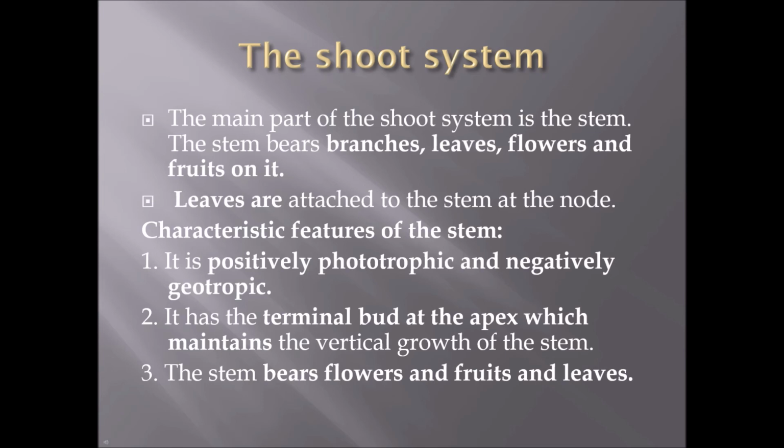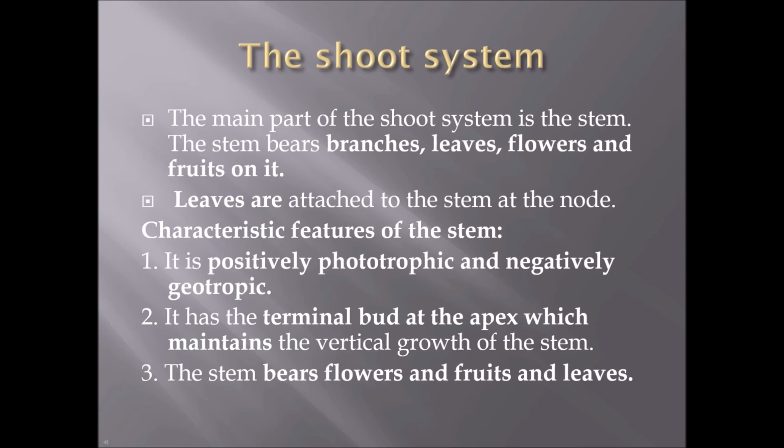The characteristic feature of the stem is that it is positively phototropic. That is, the stem grows towards the direction of sunlight, and negatively geotropic. It grows towards the opposite side of the gravitational force. They have a terminal bud.